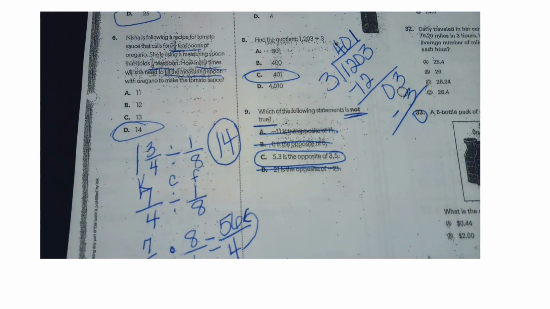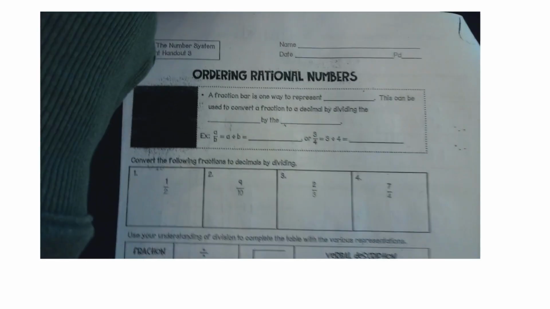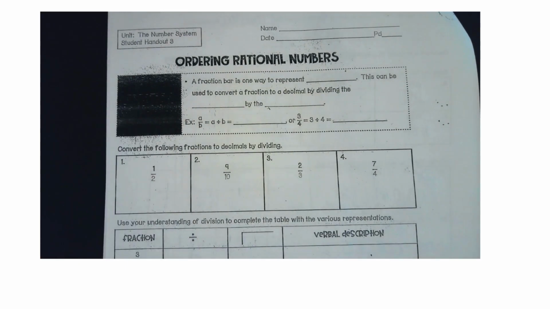All right. Let's go ahead and maneuver over to our, go ahead and get over to ordering rational numbers. We've been working with our new unit with integers and rational numbers.